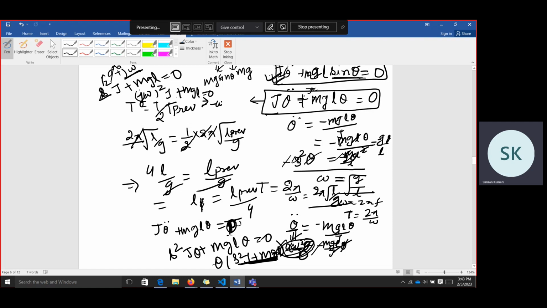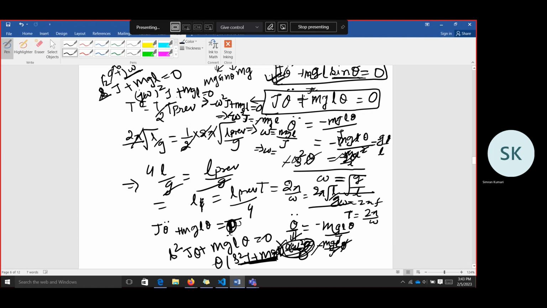So this will be minus omega square J plus MGL equal to 0. Then we can find omega square, the minus minus will cancel out. MGL by J, J is ml square, so this is simply g by l.